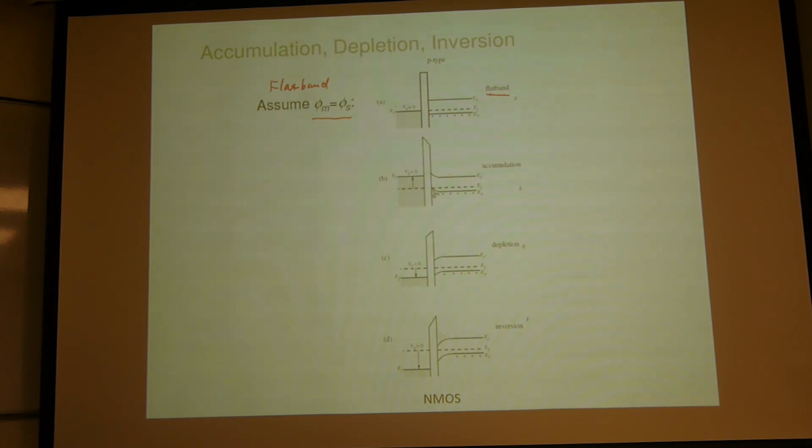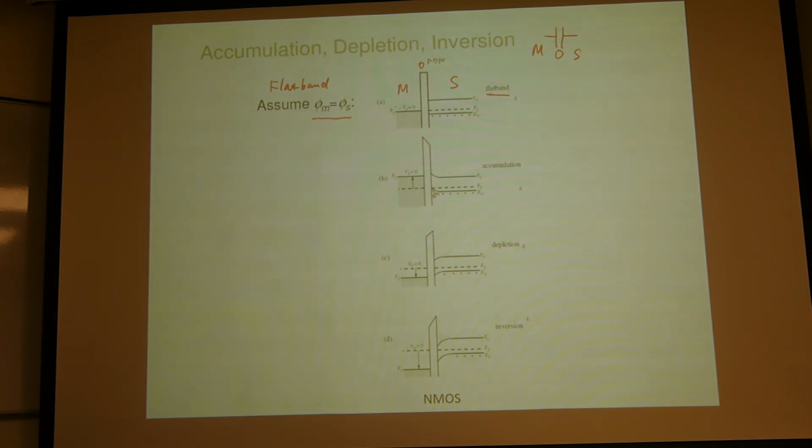So here we are drawing the band diagram of the MOS. We are looking at this capacitor, MOS. And you know the metal, as we discussed, there's only a single Fermi level here.